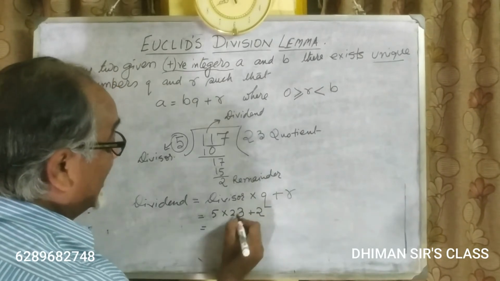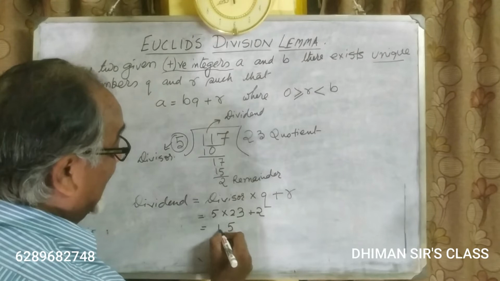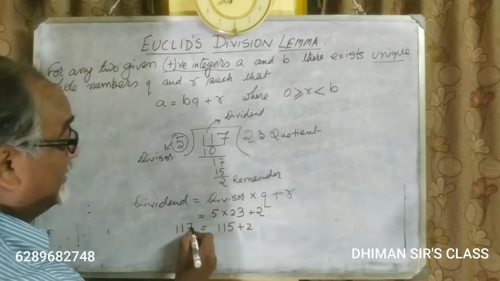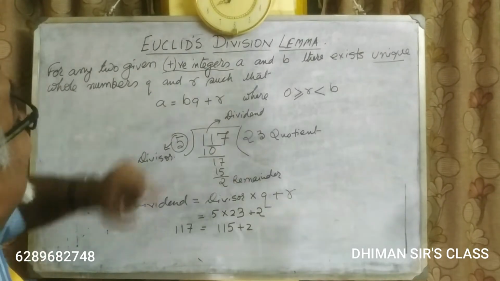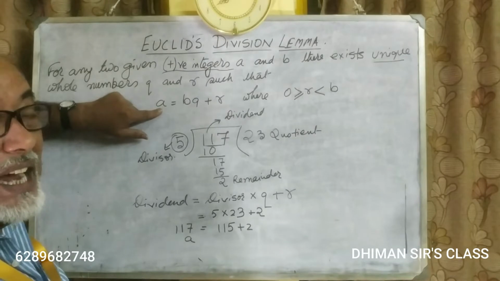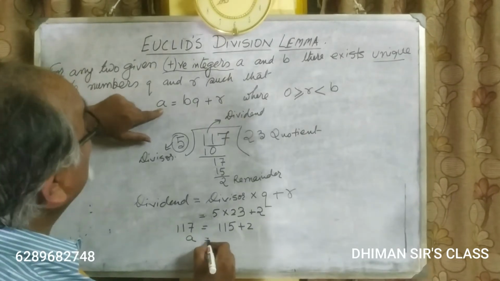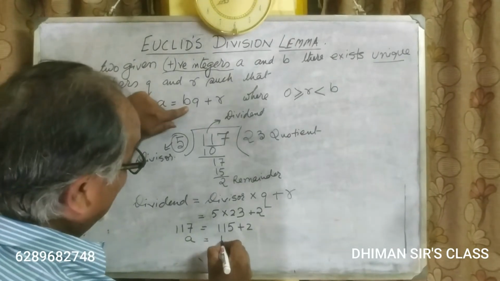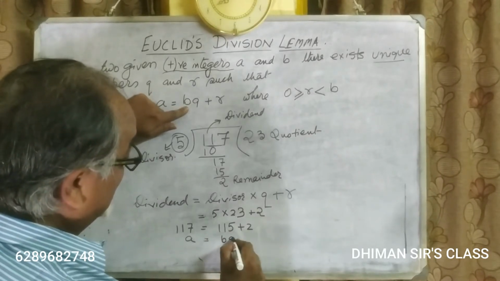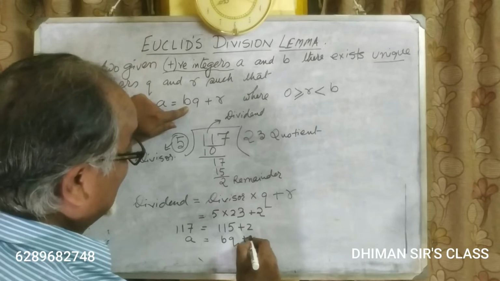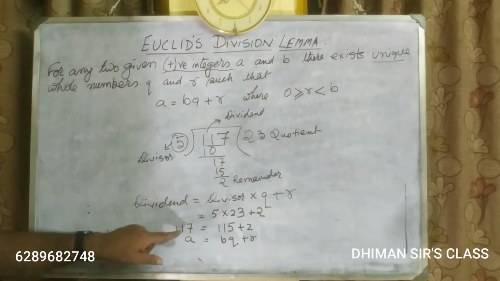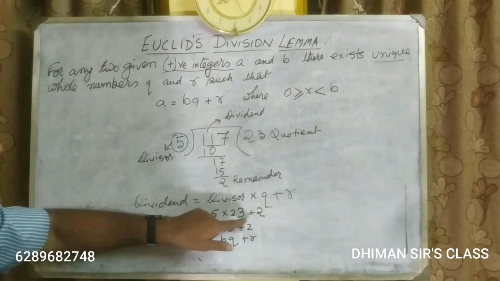See, 5 3s are 15, carry 1, 5 2s are 10, 11 plus 2 is how much? 1. So Euclid says A, that means the dividend, is equal to divisor B into quotient BQ plus remainder. Am I clear? A is equal to BQ plus R.